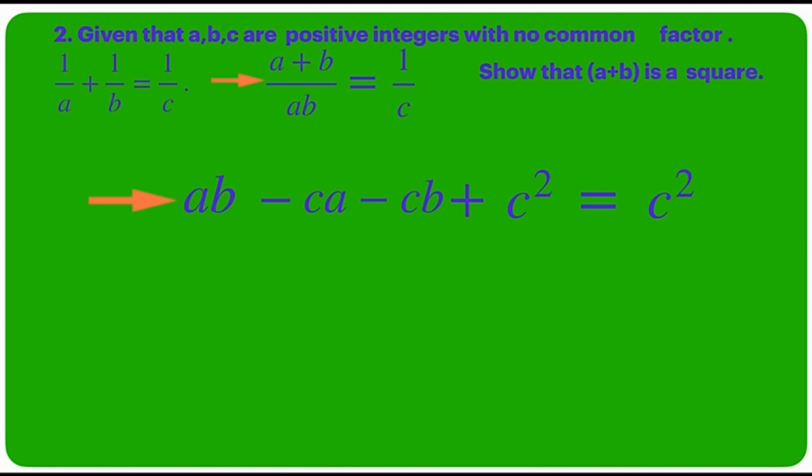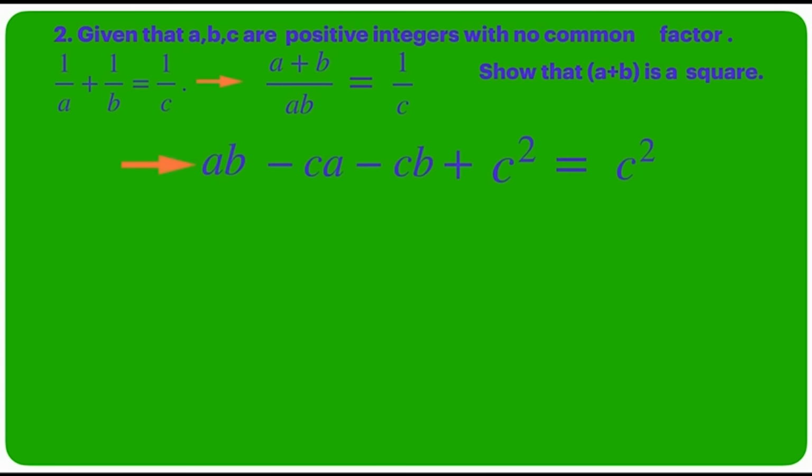So b square is not the correct form, c square is the correct form, and therefore we have added c square to both sides.